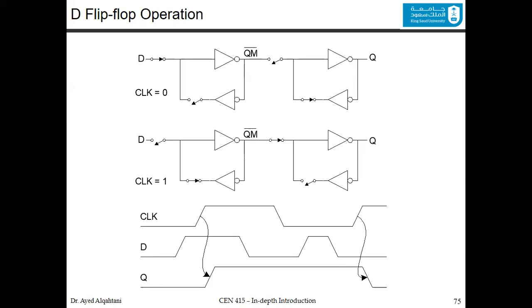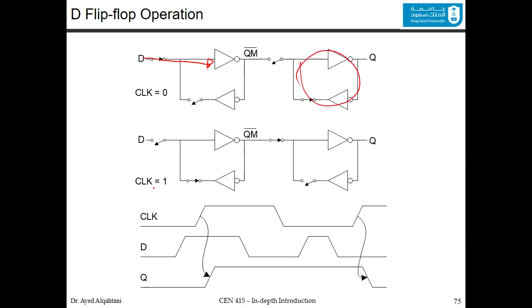So here, if you have the clock at 0, you can see that this is passing, transparent, and this is off. So this is passing, but the other one would be saving. Let me put it this way: this will pass, and the other one is saved.